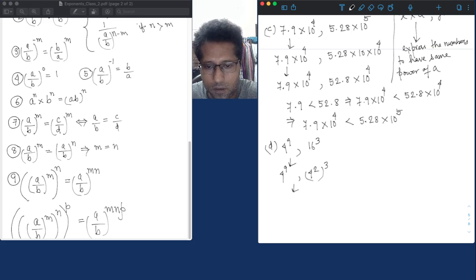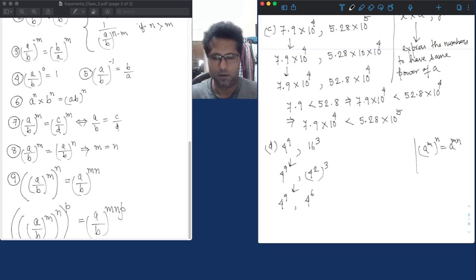So this is 4 to the power 9 and 4 square whole cube is 4 to the power 6. So we applied a to the power m whole to the power n equals a to the power m into n. So we converted 16 to the power 3 with the base 4. That was the whole purpose.